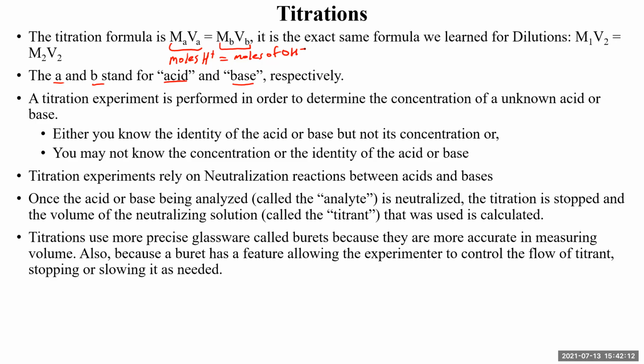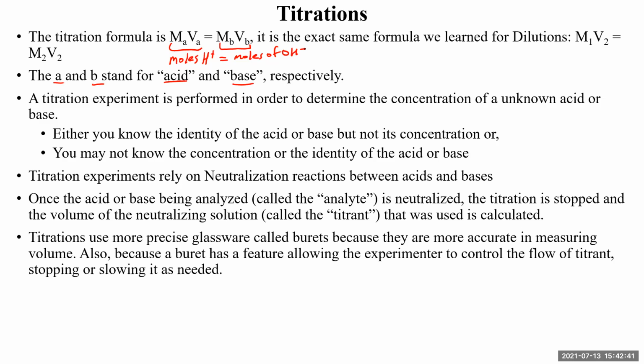By the way, some terminology here: the unknown compound or the unknown solution that you are analyzing is called the analyte. The solution that you are using to analyze the analyte is called the titrant. Once the acid or base being analyzed is neutralized, the titration is immediately stopped.